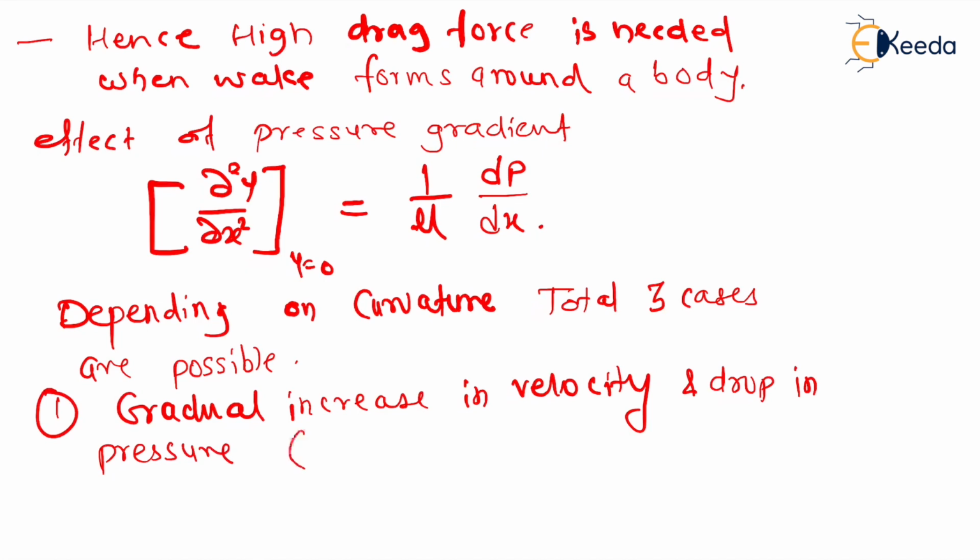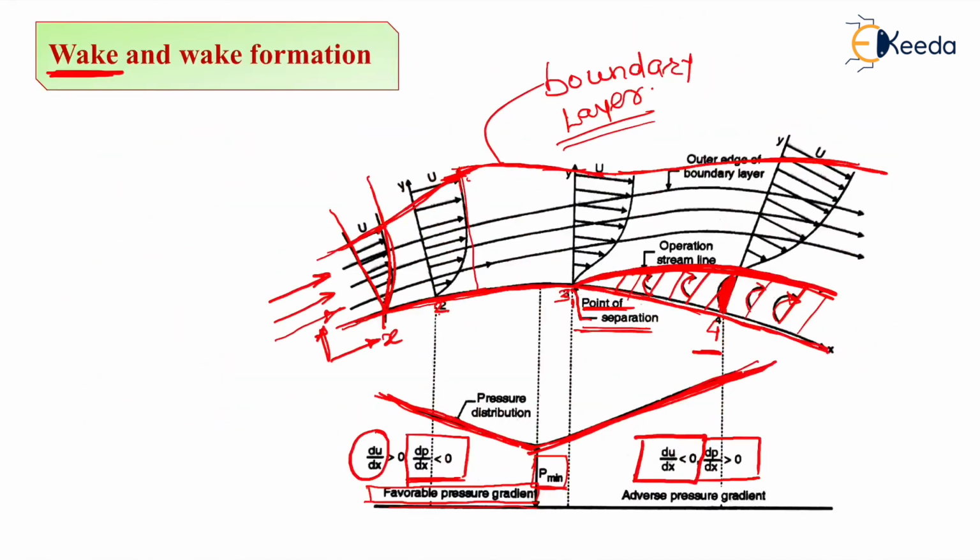This case occurs between point 1 and 2. This is point 1, this is point 2, this is point 3, and this is point 4. So between 1 and 2 there is a reduction in the pressure, which is gradual one.